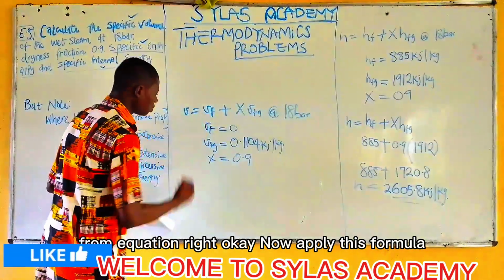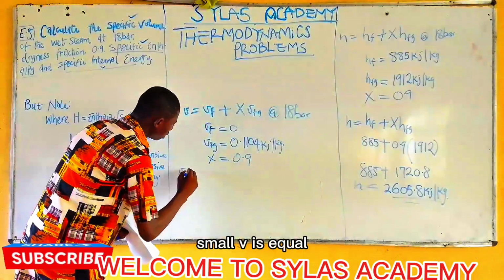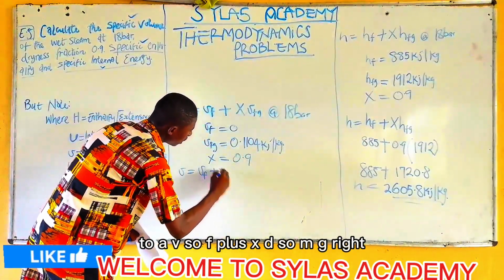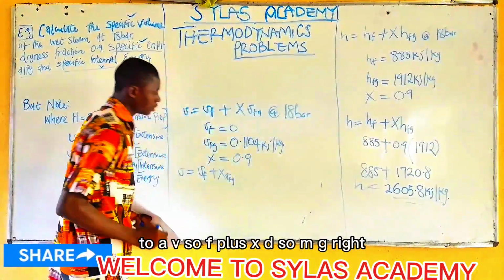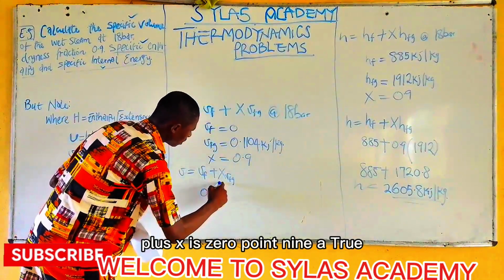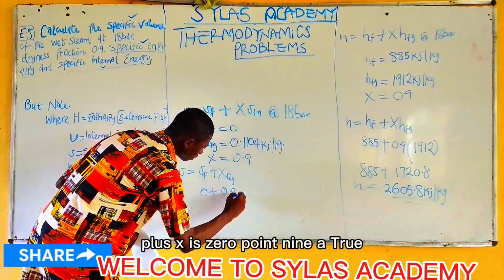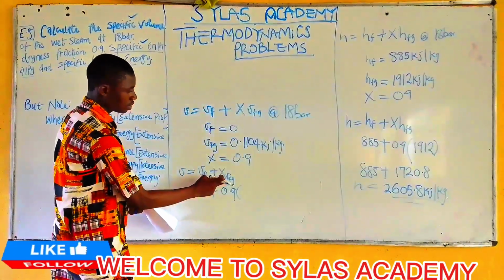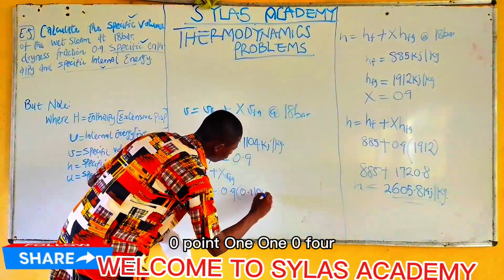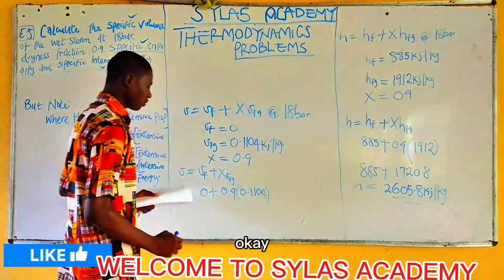Now apply this formula. Small v is equal to v sub f plus x v sub mg, right? This one is 0, right? Plus x is 0.9 into this one, 0.1104.